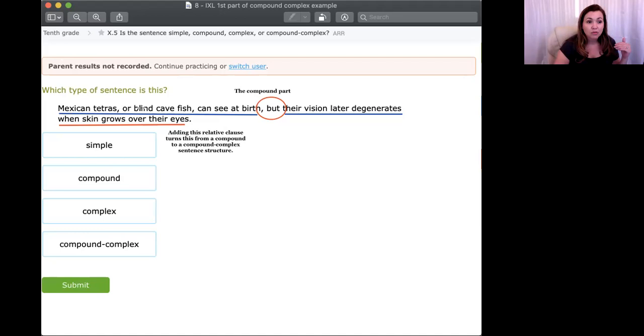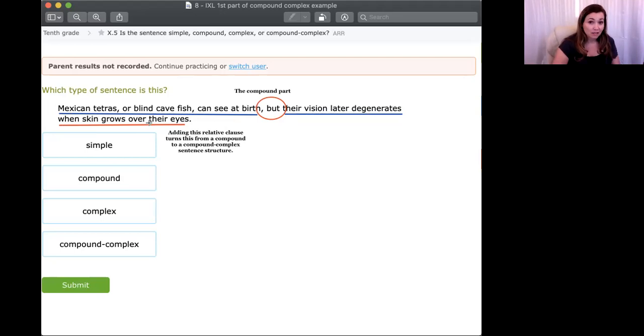So Mexican tetras or blind cave fish can see at birth. That is one independent clause. Now you see a comma but, so the coordinating conjunction is in the comma, and then you skip over that and you look to see, does the next section work as an independent clause? And it does. And then what's happening?